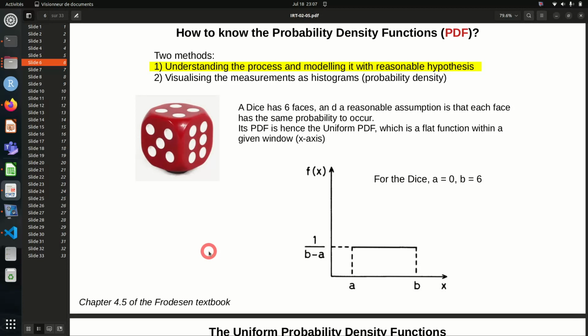And one way we saw in the previous lecture to know this PDF is to understand the process.